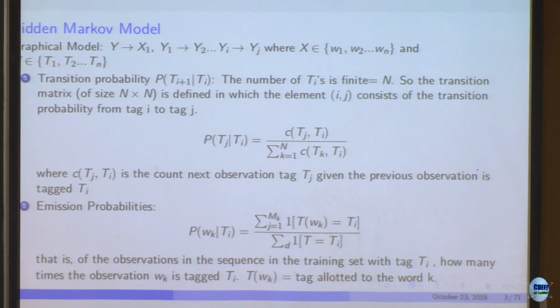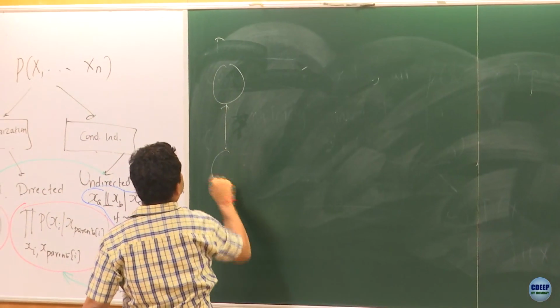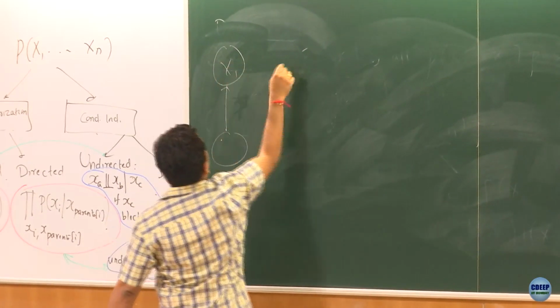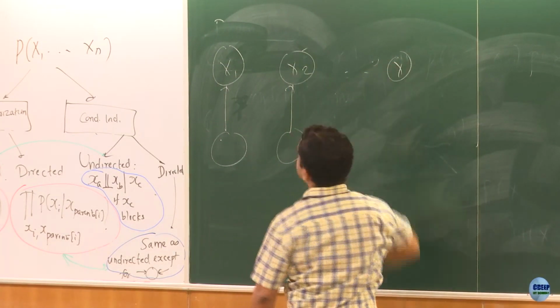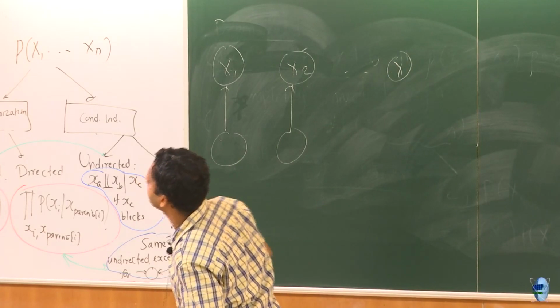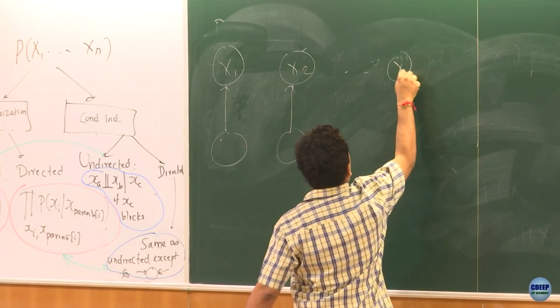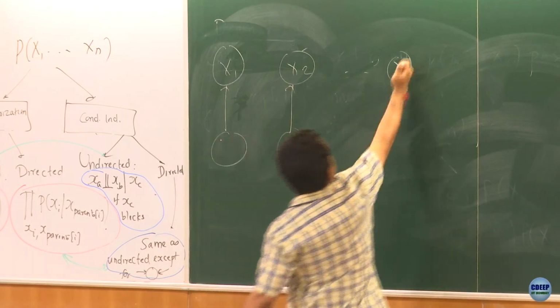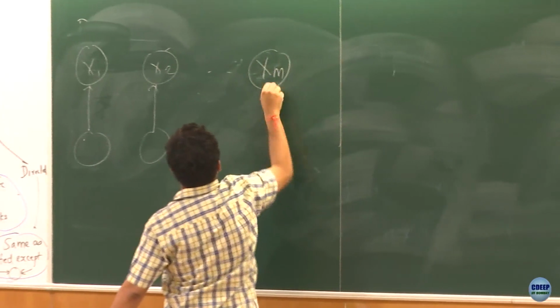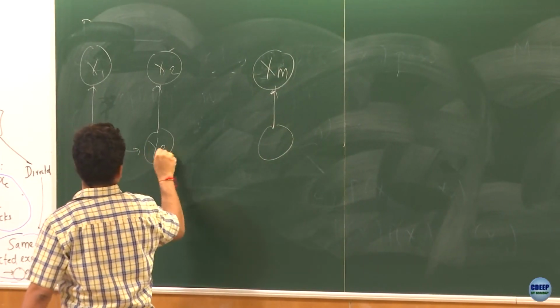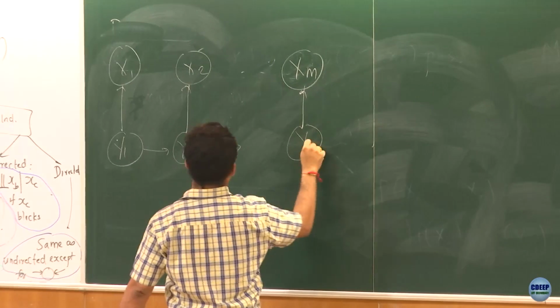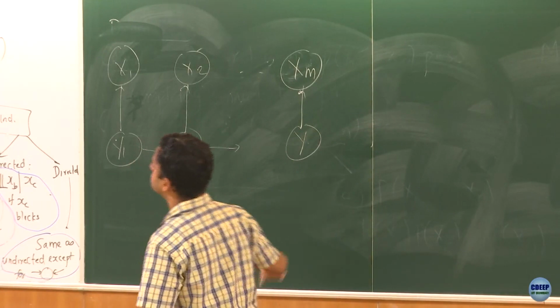Again, your assignment today is going to be at least 3/4 of it on hidden Markov model. As I said, you have a bunch of observations x1, x2 and so on, xk, and you have these hidden states y1, y2, yk, ym.